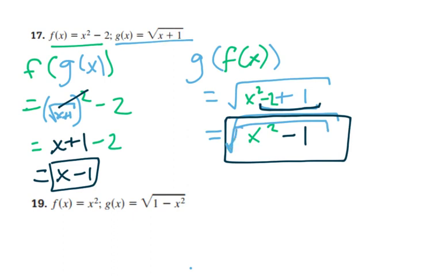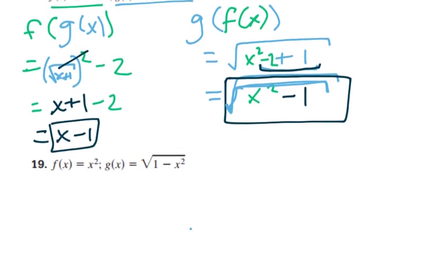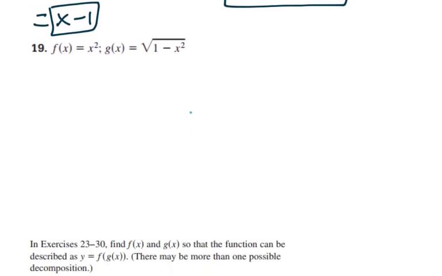So, all right. Then in number 19, again, same idea. We're going to do f's and g's. So f of g of x. And so the f equation is x squared.